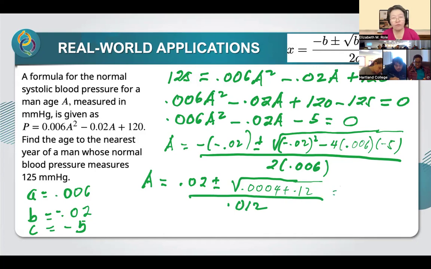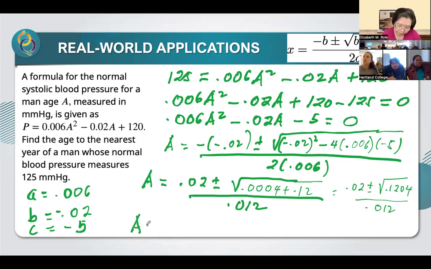So what's the square root of 0.1204? Round it off to maybe 3 decimal places. Your final expression is 0.02 plus or minus the square root of 0.1204, all over 0.012. Now use your calculator to do that: square root of 0.1204.